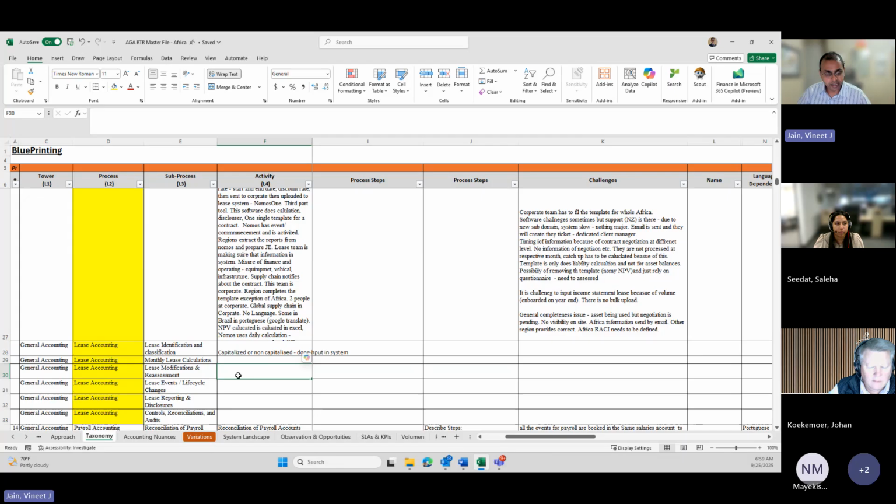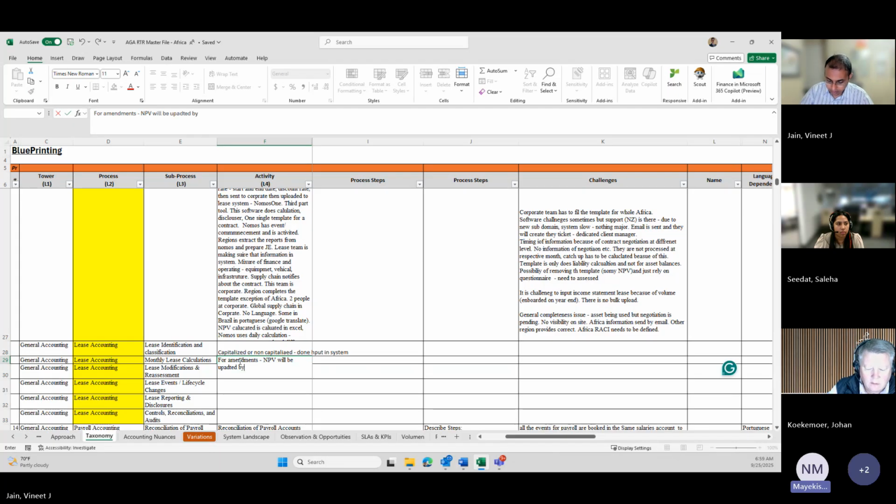Okay. Any lease modification? This is something we are doing, right? Lease modifications and reassessment. It will follow the same process as when a new lease comes in. If there's an amendment to the contract, the NPV template will be updated by the local finance team, and they will then send it through to us to input into Nomos.